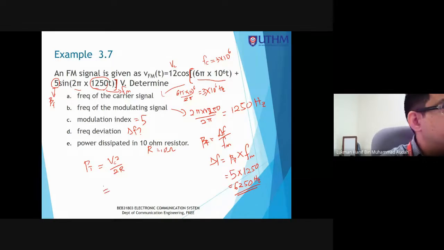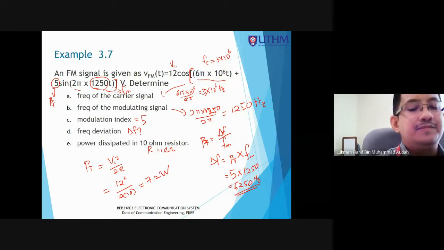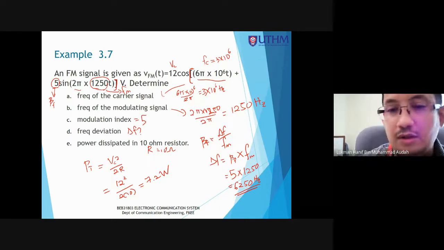Vc is 12, so 12 squared divided by 2 times 10, and you get 7.2 watt. Try using the calculator. 7.2 watt.